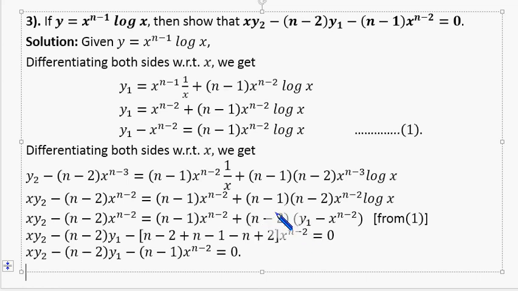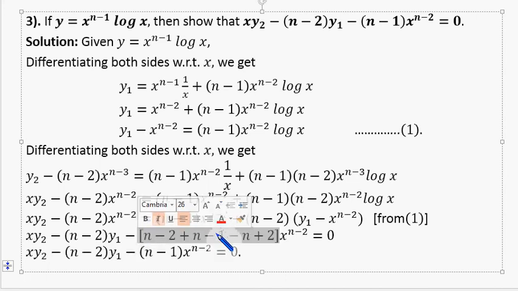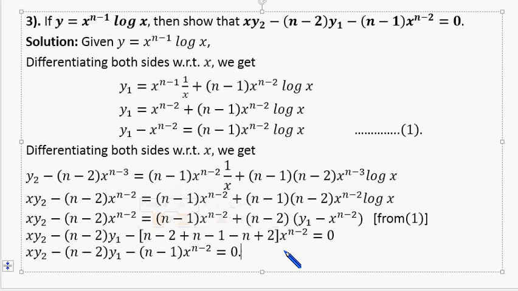In terms of (n minus 2) into y1 separately, the remaining term is a common factor of x to the power of n minus 2, so that is the coefficient of x to the power of n minus 2. That can be written as: the first term is n minus 2, and the second term is n minus 1, minus (n minus n plus 2), so it can be rewritten as n minus 1.